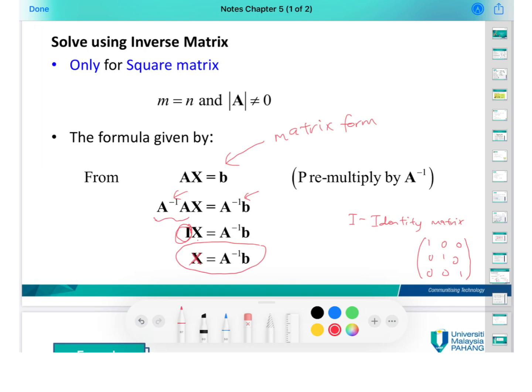So X will be equal to A inverse B. To find the values of X, which is x1, x2, x3 until xm, you have to find the inverse of A, then multiply with your B.